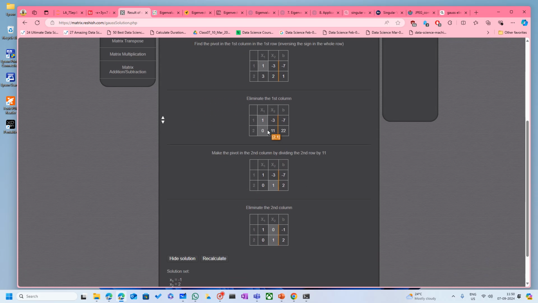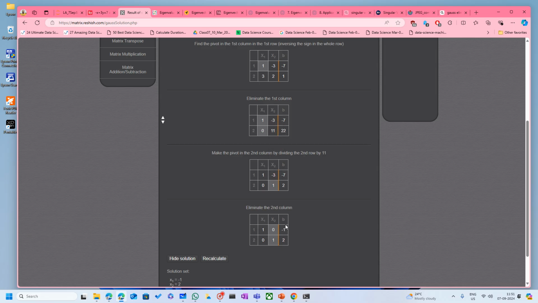Upon doing this, the next step is to eliminate this term. You do that by dividing the second row by 11. When you divide by 11, you get 1 here, and after that you can eliminate the second column by subtracting to remove this -3.